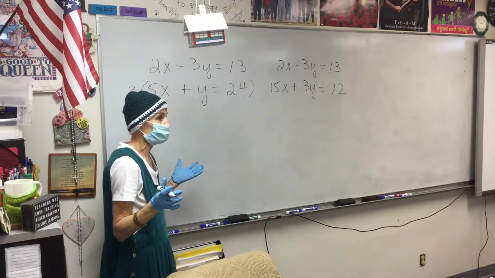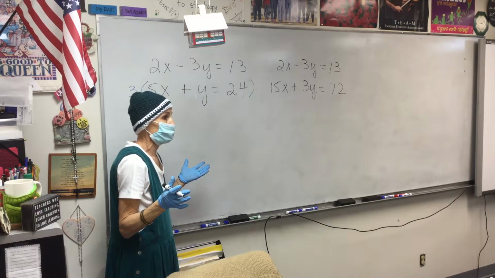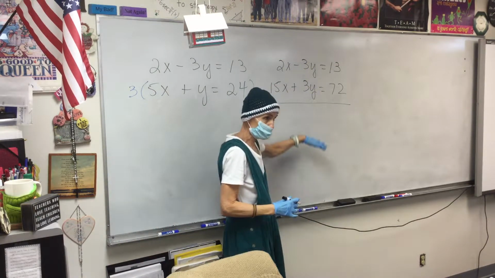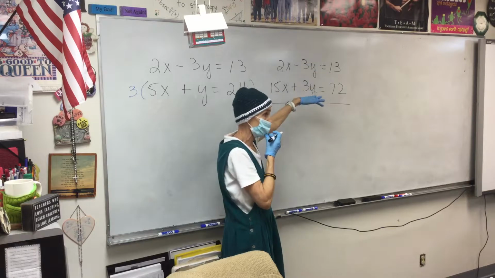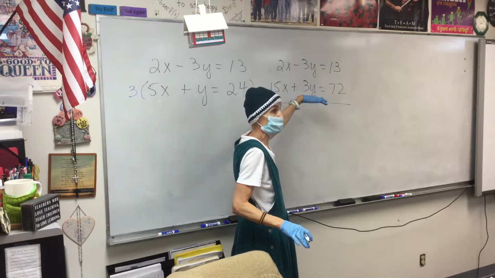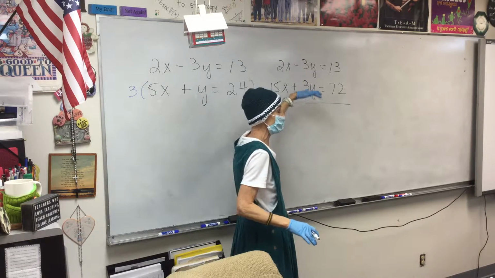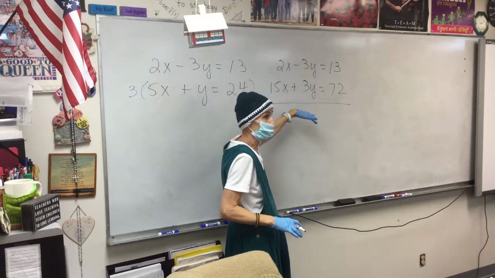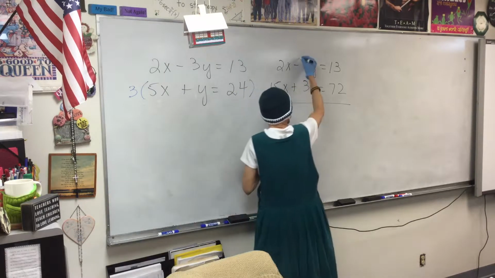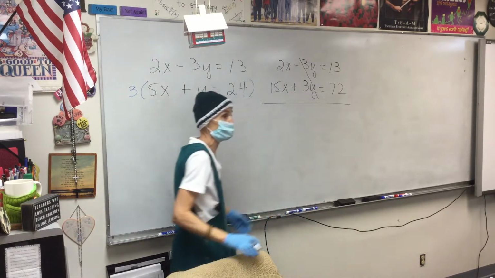Why in the world did we do that? So that we can add these together. I've referred to this as elimination, but sometimes it's called the addition method because we are adding. And the purpose of the adding is to make the y's disappear.